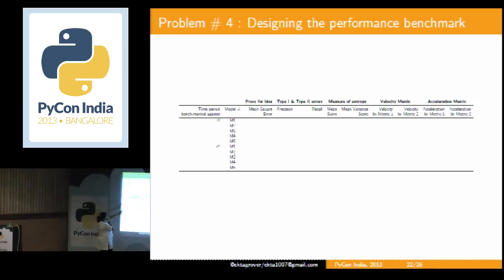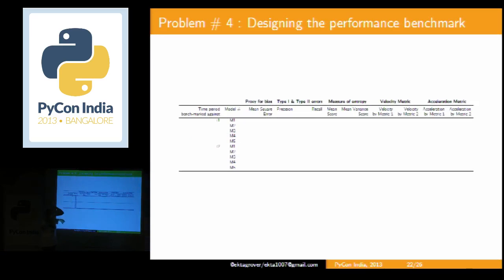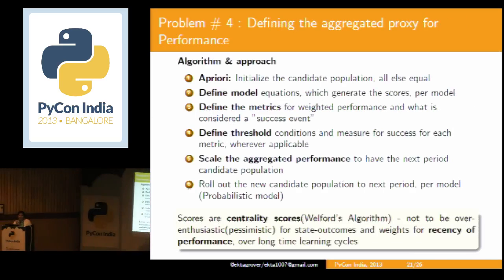When I say time period here, it might not mean that the data is actually flowing across time, but this is something that you can take to production, which is why I have the nomenclature of time. So you would essentially say that instead of time, this is data set 1, and then there's another data set 2. Against all these models, I have a proxy for bias, type 1, type 2, and so on and so forth, like we saw.